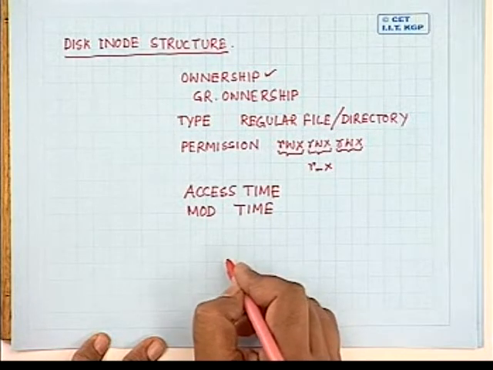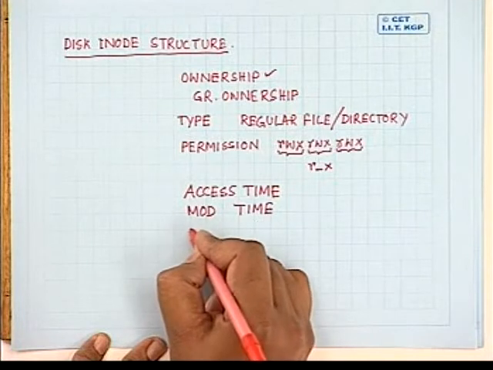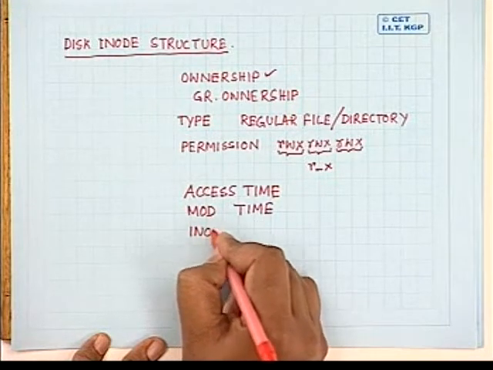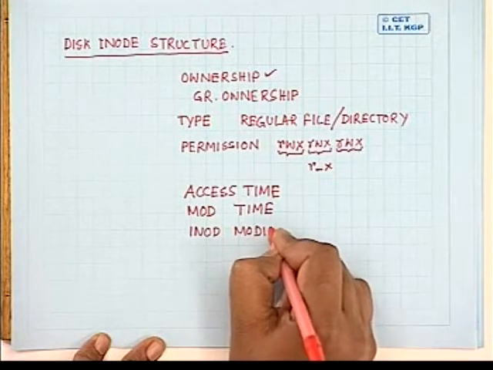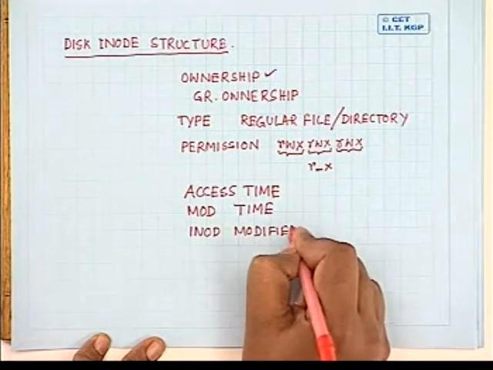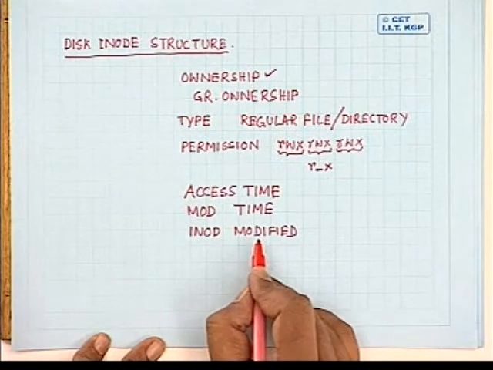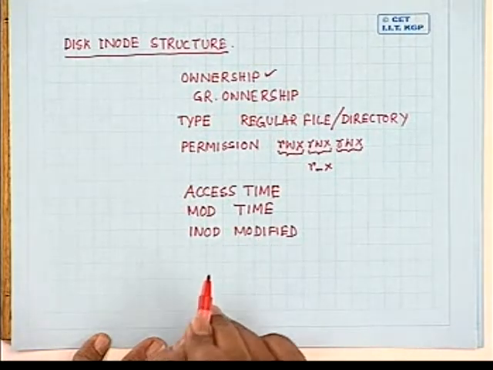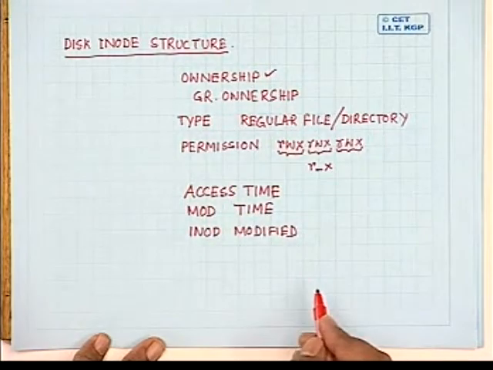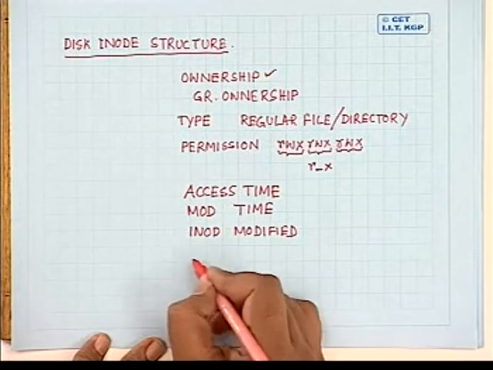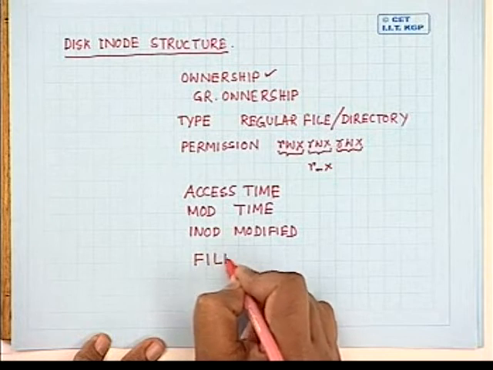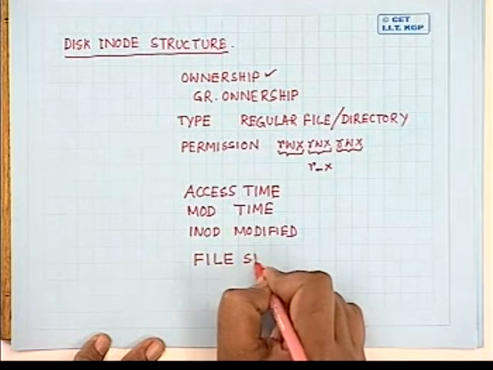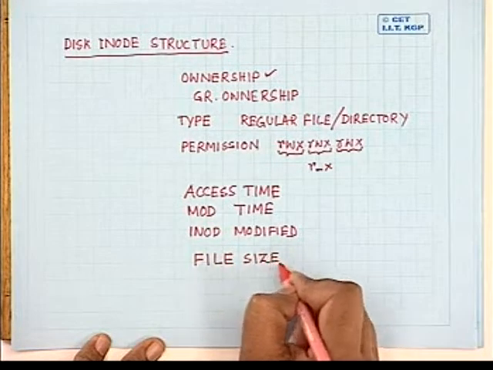We also have the time when the inode was last modified. So this time information you also have in the inode. Obviously, you have to have information about the size of the file, that means how many bytes the file occupies.